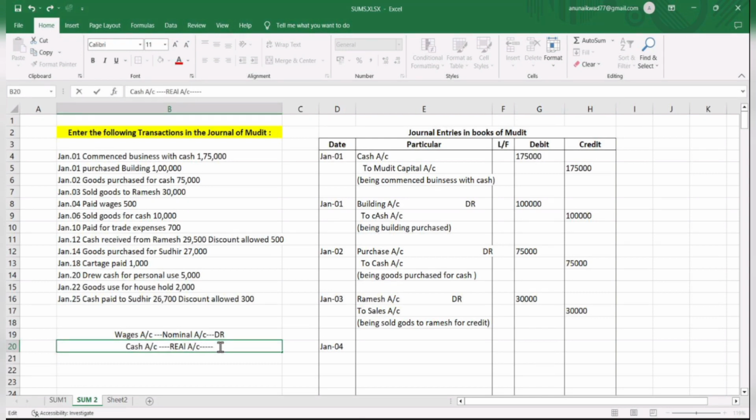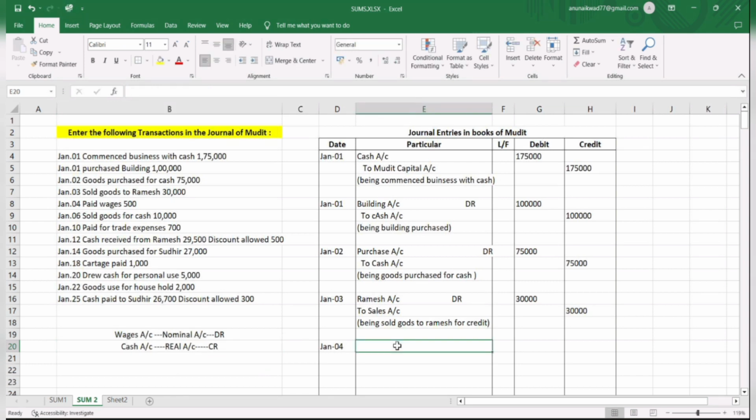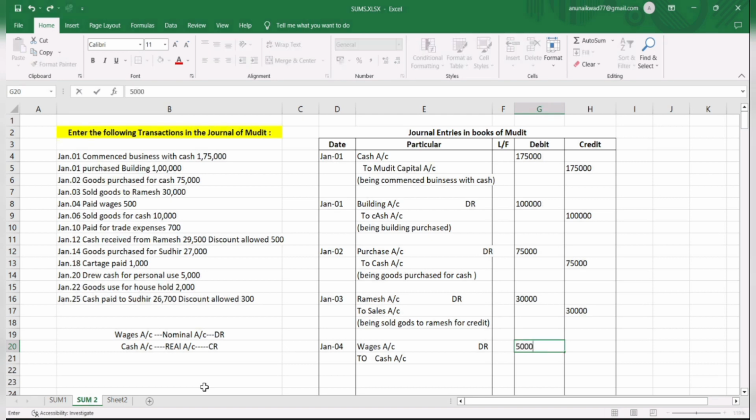Cash real account, cash is going out of the business, it is credited. So wages account debit to cash account for rupees 500, being wages paid.